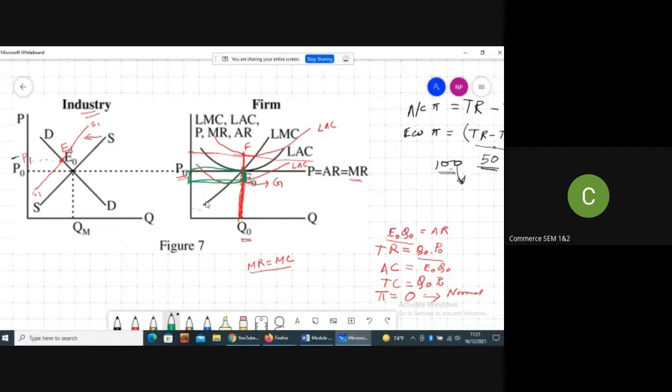Market supply will go up, so the supply curve will shift to the right like this, and as a result the new equilibrium will be somewhere here. That means the market price will fall to say P2, so that the new MR curve will be like this, where this MR curve is tangent to the LAC curve. বোঝা গেল?